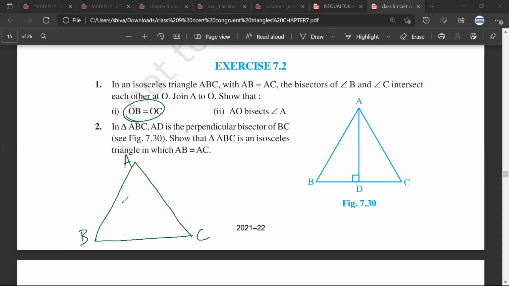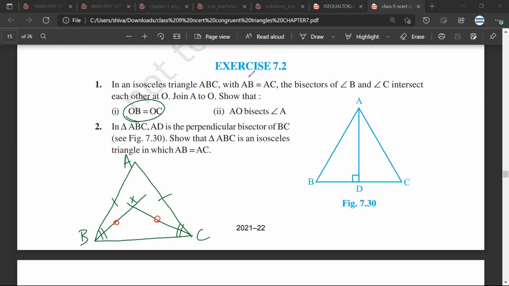ABC is an isosceles triangle. Therefore, this angle is equal to this angle. This is a bisector which meets at X. Therefore, we proved that this side is equal to this side. Sarthak, are you with me till here? Yes, sir.